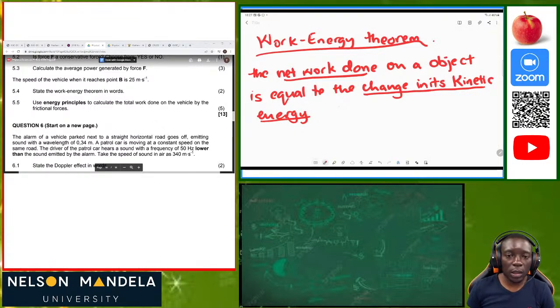So that's the work energy theorem for you. The total work done on an object is used to change the object's kinetic energy.